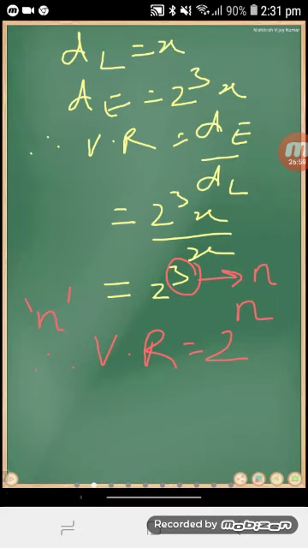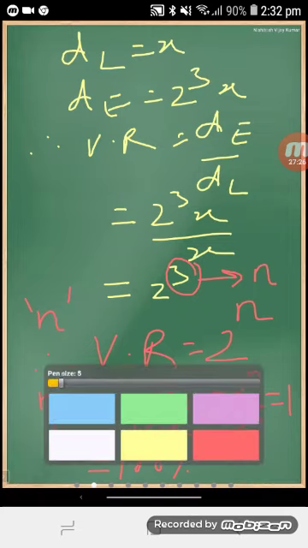Okay. Then comes the efficiency. Efficiency, again, for the ideal case, this will be your mechanical advantage by velocity ratio. This will be again 2 to the power n upon 2 to the power n, and hence we get the efficiency as 100% or as 1. Clear? But again, this is going to be an ideal case.